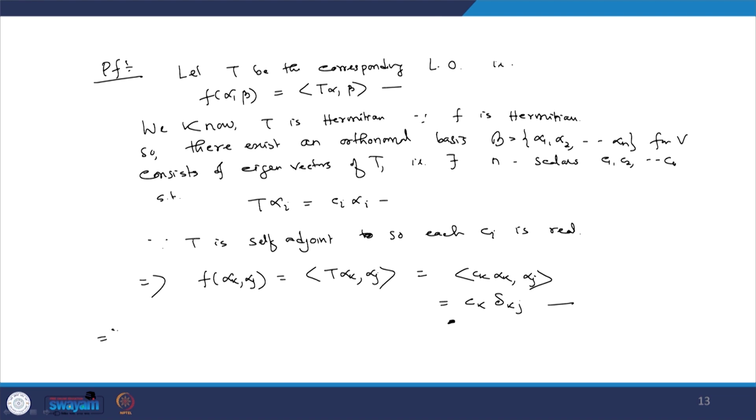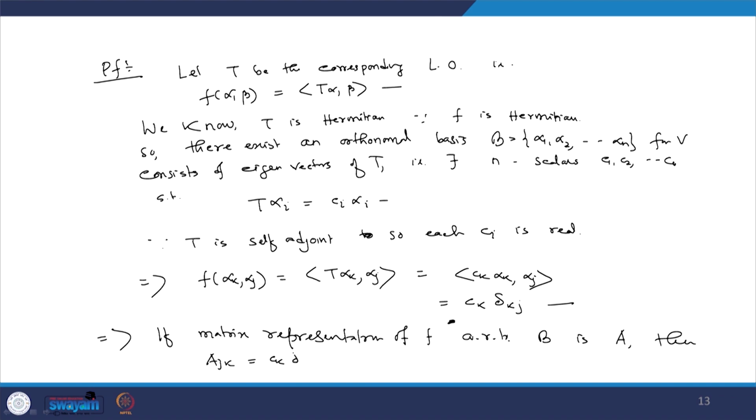So, if the matrix representation of f with respect to ordered basis B is capital A, then Ajk equals ck delta kj.